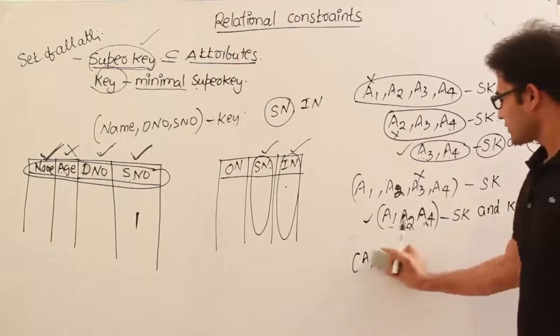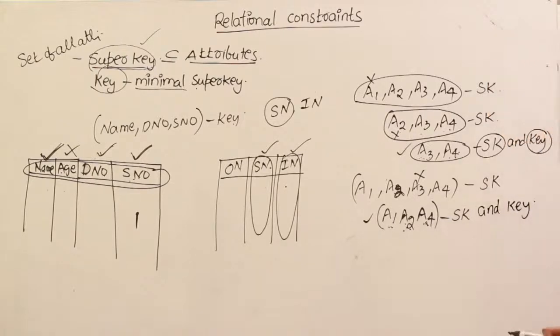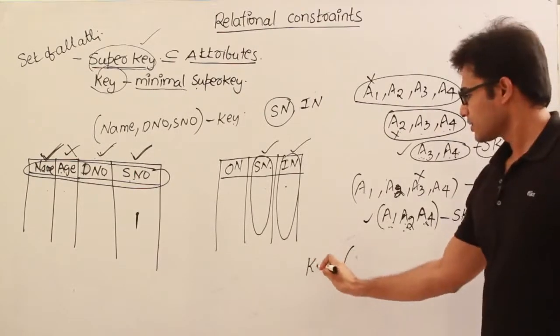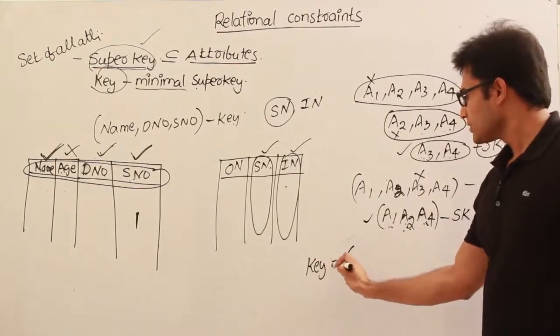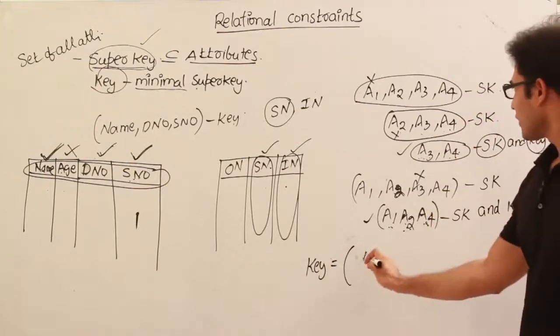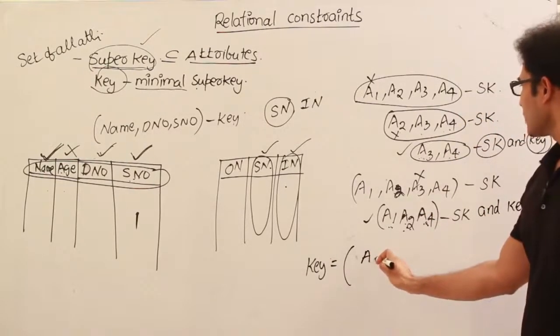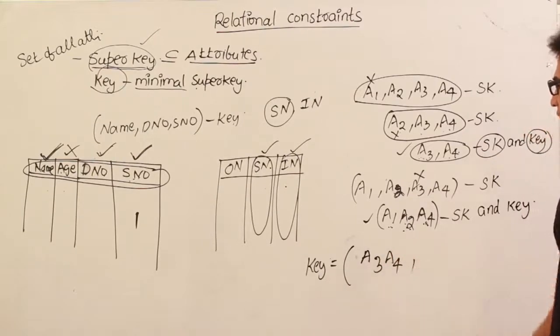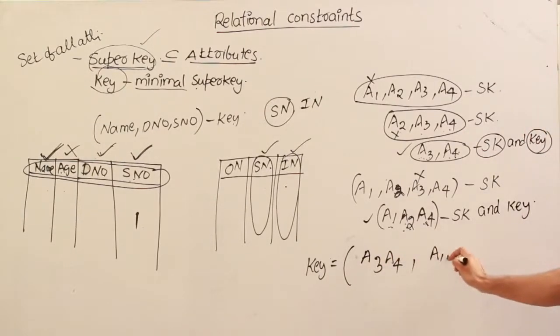Okay, fine. So this is what we got. We got two keys. One key is A3, A4, a combination of these two attributes, and the other key is A1, A2, A4.